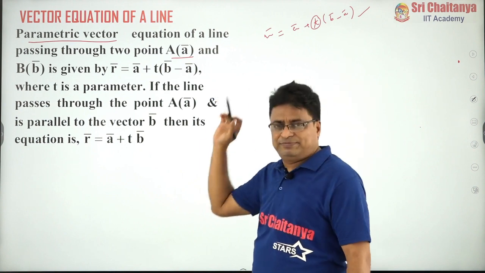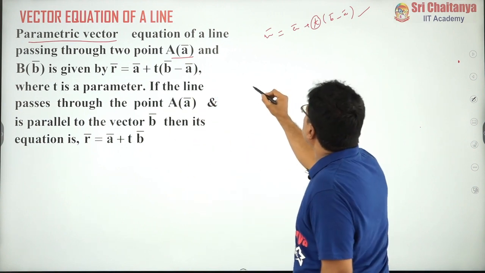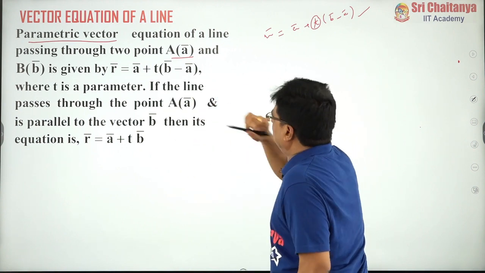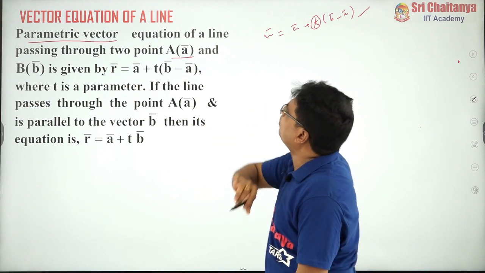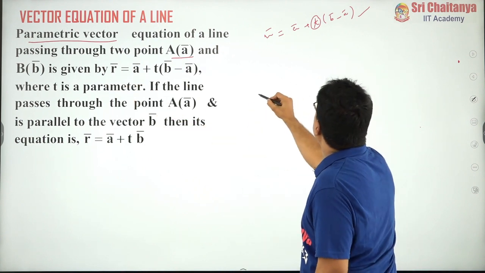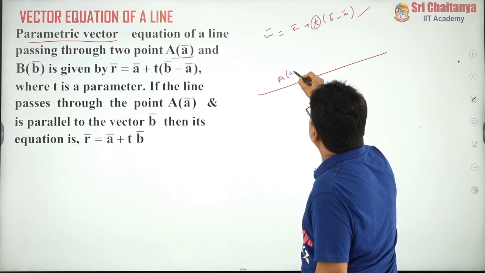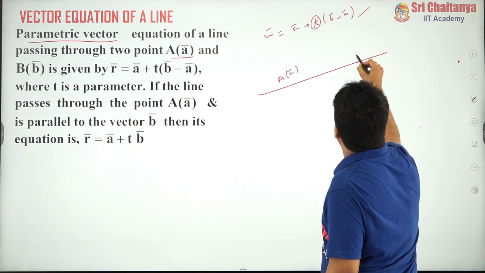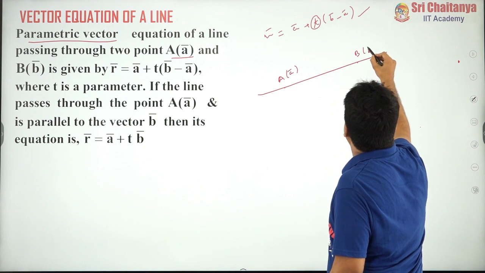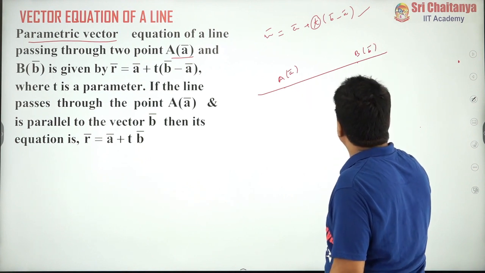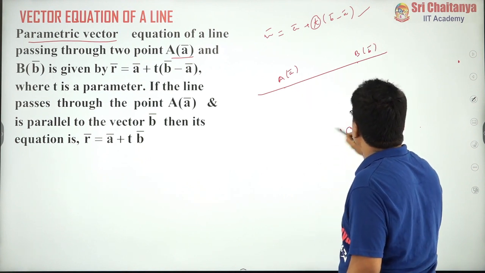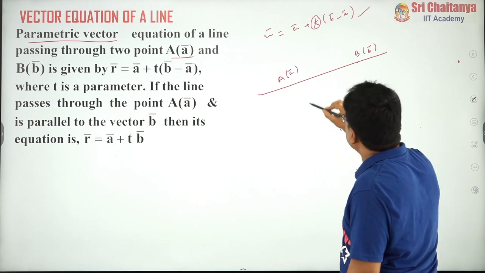So, how to get it? That is important. Say these are the 2 points, for example, this is capital A bar, and this is capital B bar. Whenever 2 points are given for you, I am taking O as my fixed point, the origin.